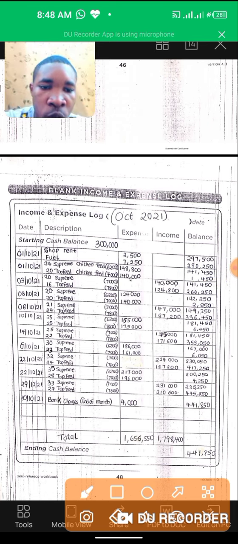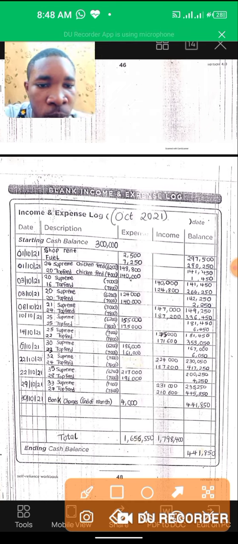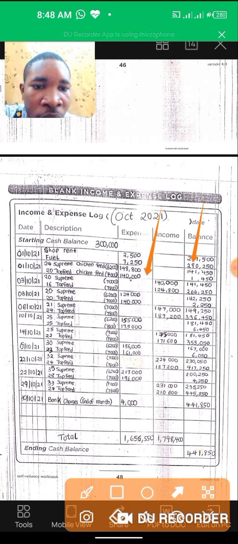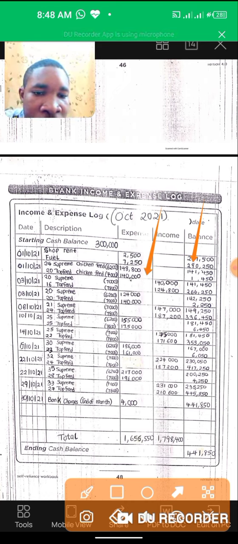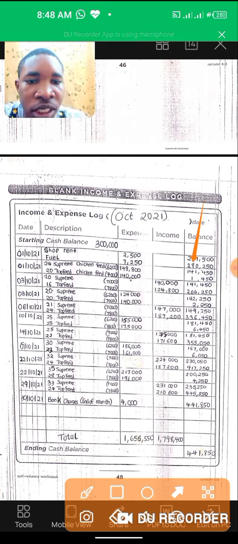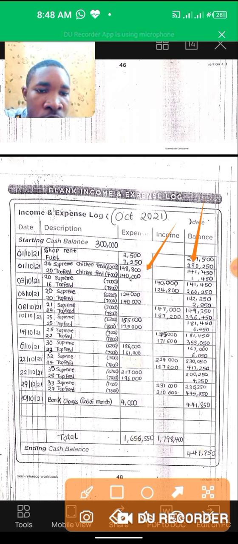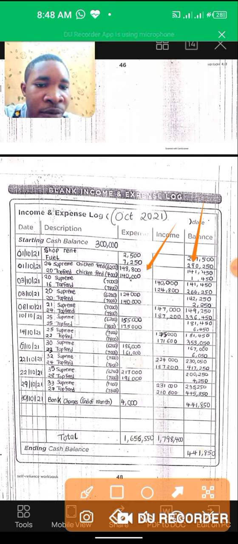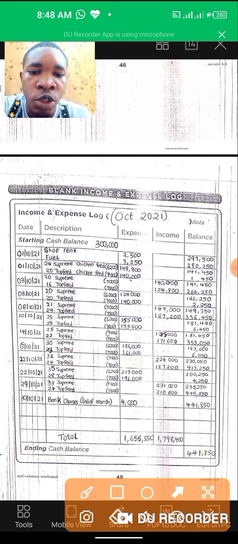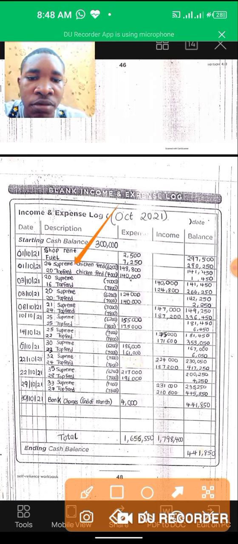Please note what I'm saying now. Note it, those are very important. What is here minus what is here: our balance after buying fuel minus the price of the supreme chicken feet that we bought is going to give us 141,450.